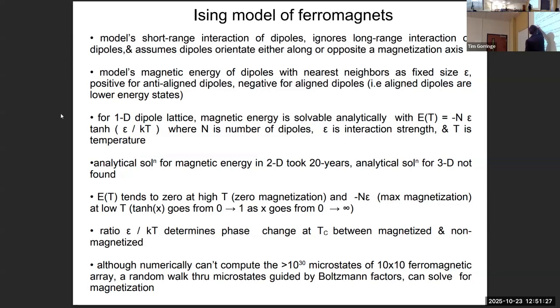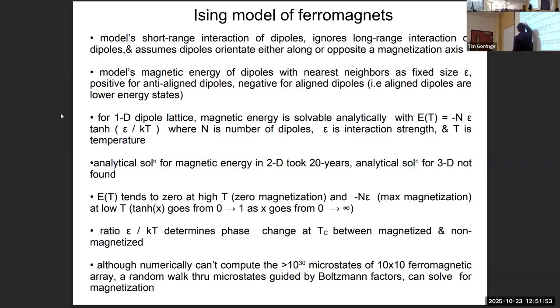The hyperbolic tangent has the property that if this argument is large, then the hyperbolic tangent goes to 1. So this approaches 1 when the magnetic energy is much greater than the thermal energy. And as you can imagine, if the magnetic energy of the interaction is much greater than the thermal energy, and the little dipoles want to line up with one another, they'll all line up with one another.